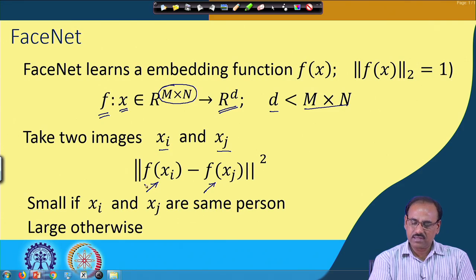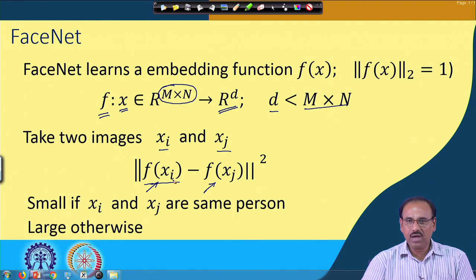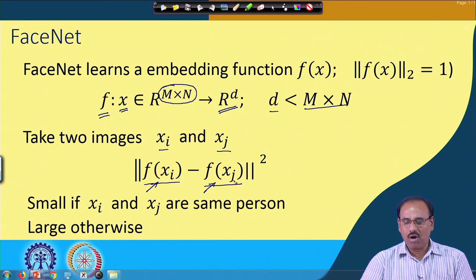So f(xi) is the embedding of image xi, and f(xj) is the embedding of image xj. So the norm of f(xi) minus f(xj), squared, indicates the squared Euclidean distance between these two embeddings.